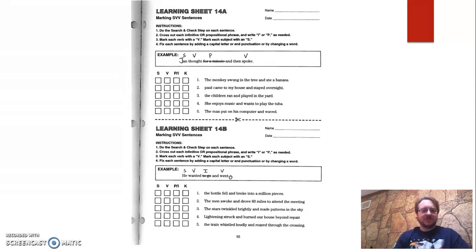All right, so what we're going to do is we're going to go through the rest of these sentences together. And then once we're done with those, then what you'll do is you'll move on to the lower half of the sheet there, 14B. And this is going to be a chance for you to practice these exercises yourself. So we'll all do it together, and then you'll get the chance to do those on your own.